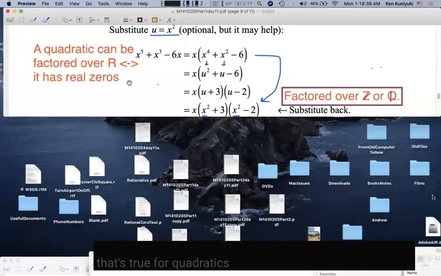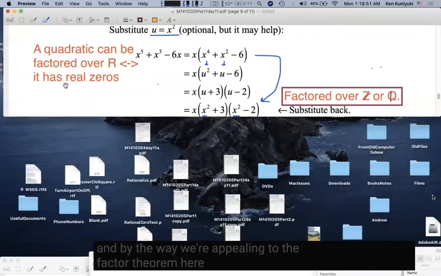That's true for quadratics. Well, x squared plus 3, does that have any real zeros? The answer is no. And by the way, we're appealing to the factor theorem here. If k were a real zero, then x minus k would be a factor.